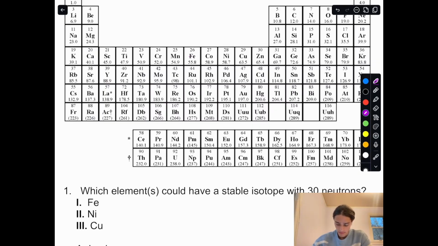Okay, so my mind is immediately pulled to the word isotope, and I'm remembering that the word isotope means the same element but with different numbers of neutrons. So my answer choices are going to use iron, nickel, and copper. If we look at iron, for example, iron has an average atomic mass of 55.8, which means that's the weighted average.